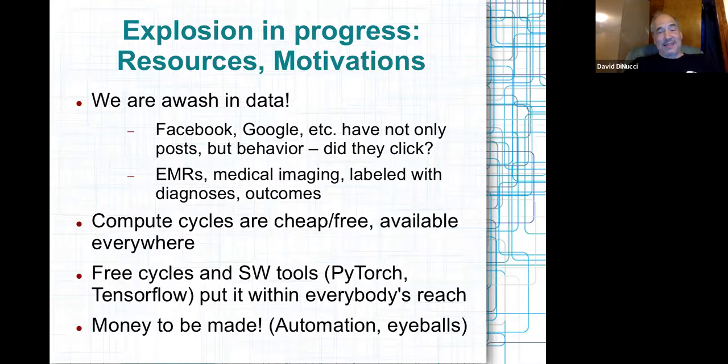You don't even worry about having to pay for any of that stuff. So it's not only free cycles, it's also free software tools. To write a neural network program these days only takes like 4 lines of code.